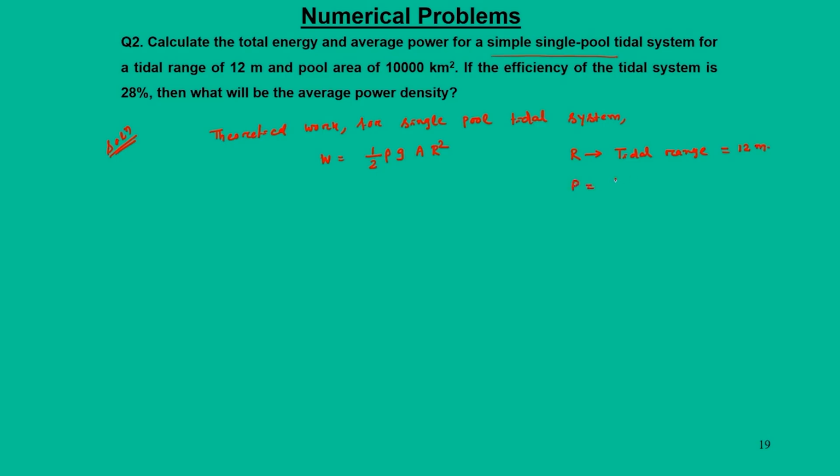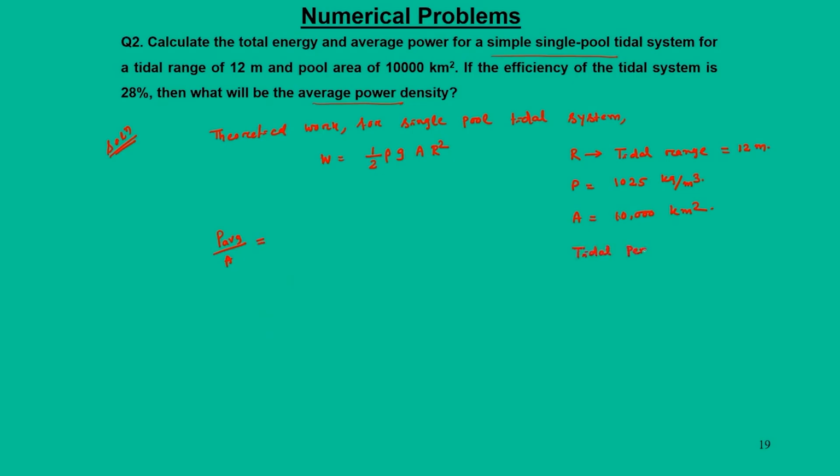Rho is 1025 kg per meter cube, and here the area is given as 10,000 kilometer square, but we require the average power density. So the average power density P average by A is given by, okay, then we have the tidal period.